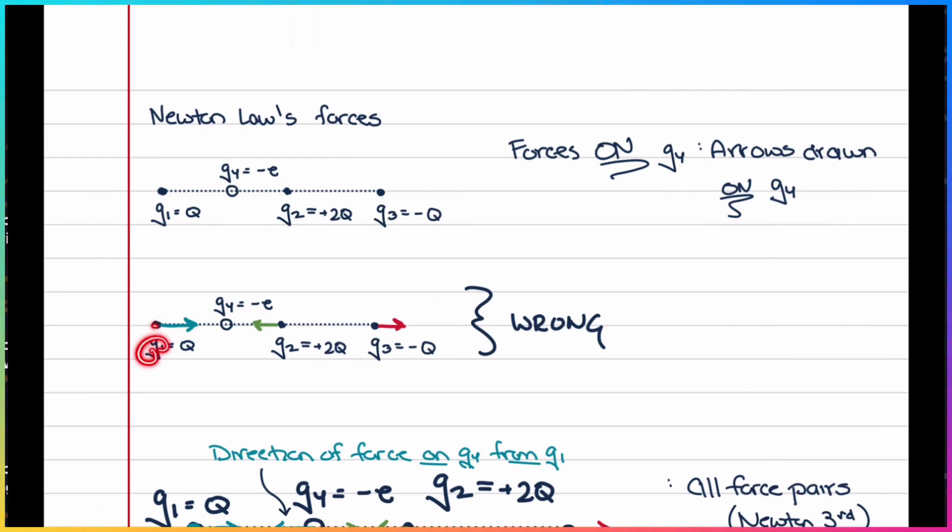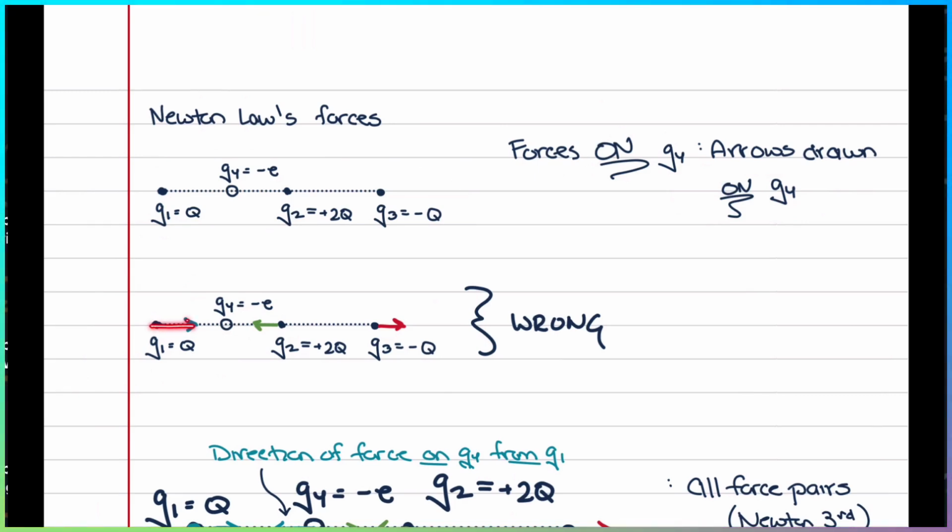Yes, Q1 is attracted towards Q4, but that's not what I asked. I asked what Q4 is going to do. Q4 should be attracted towards Q1. So these vectors, and then similarly for Q2 and Q3, are not the vectors of the forces acting on Q4. Again, if it's acting on Q4, the arrow should be drawn on Q4.